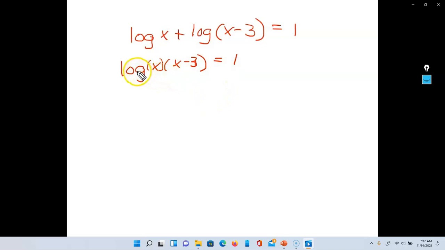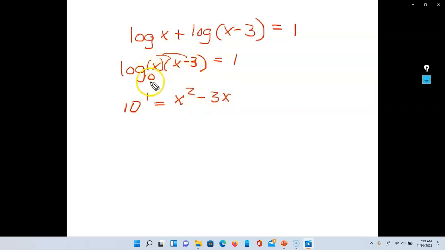Now we're going to convert it from its logarithmic form, and this is base 10, to its exponential form. So 10 to the first power, there's your exponent, there's your base, equals the answer. Now I'm going to distribute that, x squared minus 3x.